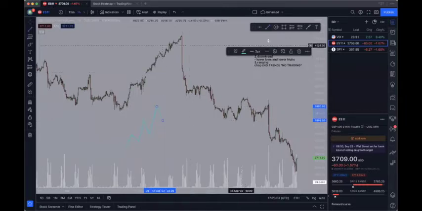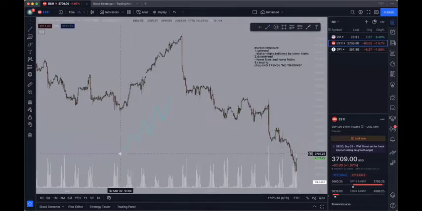You're going to have a series of higher highs and higher lows. So here's a high, here's a higher low, here's a higher high, higher low, lower low, or sorry, higher high, lower high, and so forth. So basically, this is your typical uptrend. Something like this is what we're looking for in an uptrend.